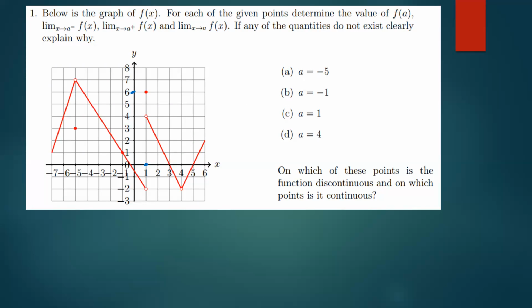D. Okay, let me check. So we have C, that is 1. And then your question is what? My question is D. A is equal to 4. Oh, A is equal to 4. Where is it? Okay, here. And what do you want me to find here?